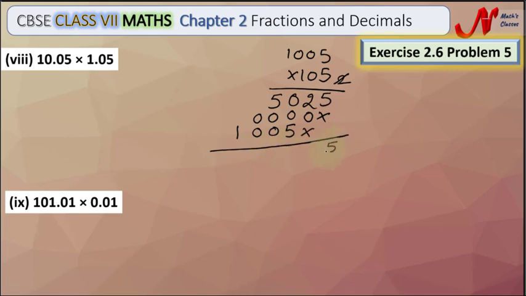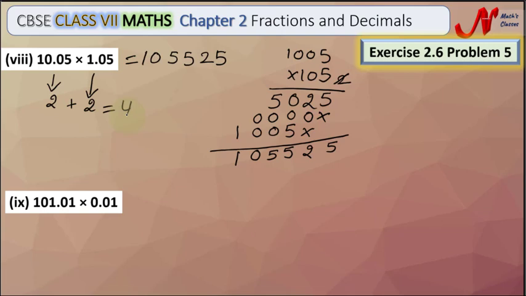By adding we get the product 105525. In 10.05 we have 2 digits after the decimal point. In 1.05 we have 2 digits after the decimal point. So together we have a total of 4 digits after the decimal point. So in the product, from right to left, we keep the decimal point after 4 digits.